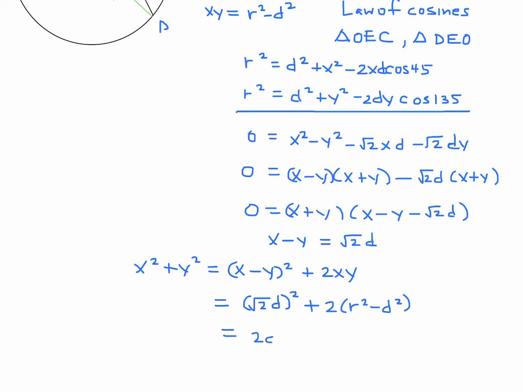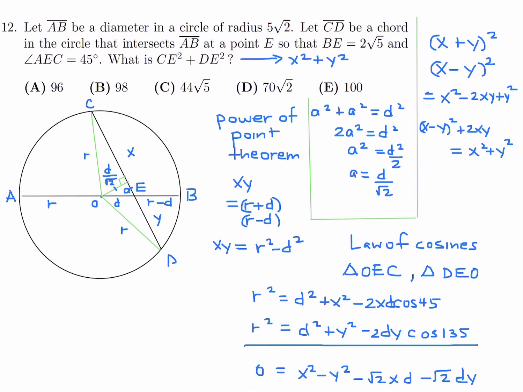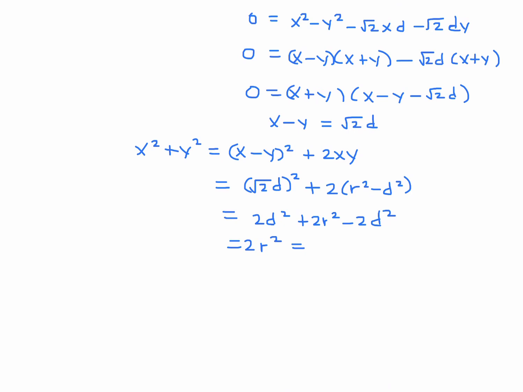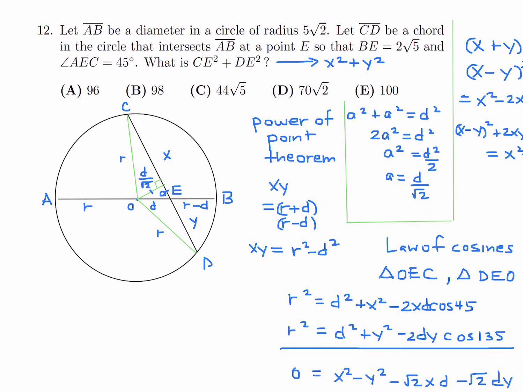This is 2d squared plus 2r squared minus 2d squared, so that's 2r squared. R we had figured out, well, we didn't even need to, it was given in the question, 5 root 2. So that's 2 times 5 root 2 all squared. So that's going to be 25 times 2, which is 50, and therefore that is 100. 100 is the answer to this question, number 12. That would be E.